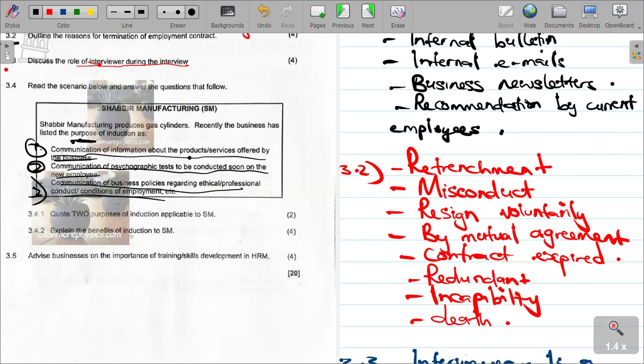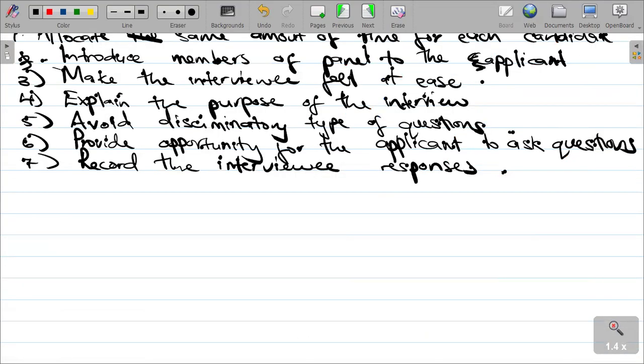Let's go to 3.4.2. Explain the benefits of induction to SM. What are the benefits of induction?